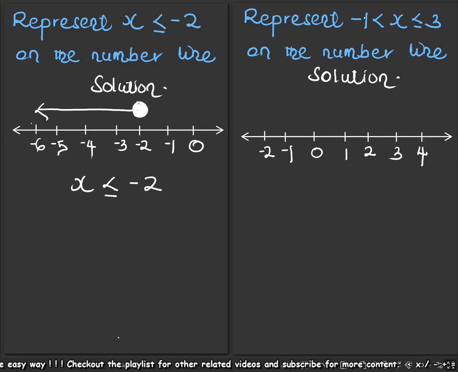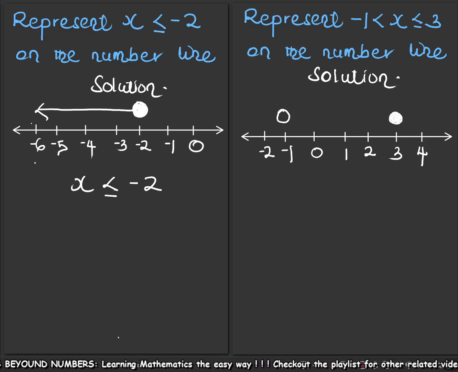Now, on the -1, we have what? Less than. And less than goes with what? An open circle. You see that? Then on our 3, we have a less than or equal to. So we are going to put this shaded over there, right?